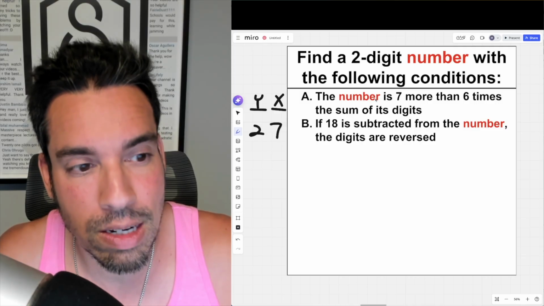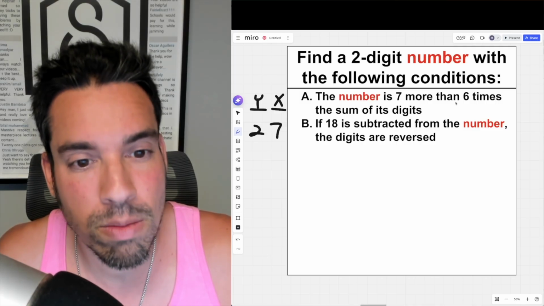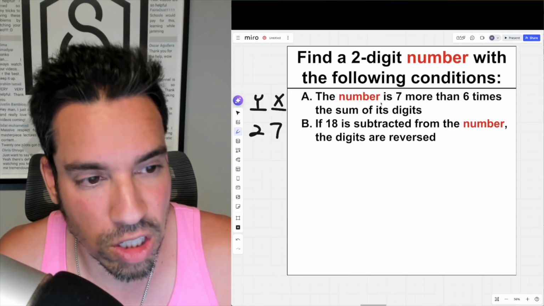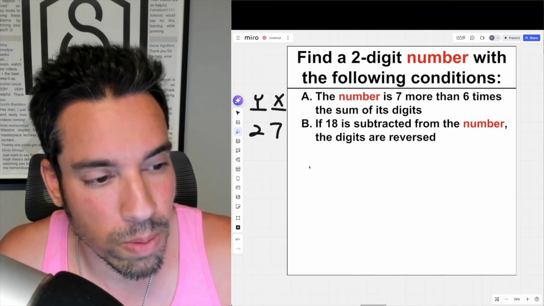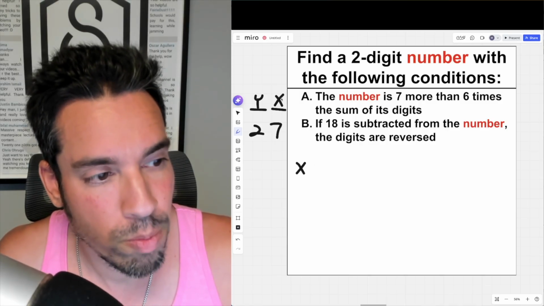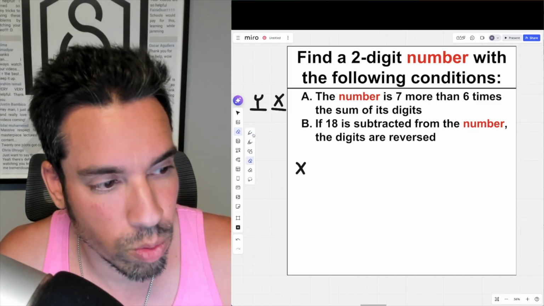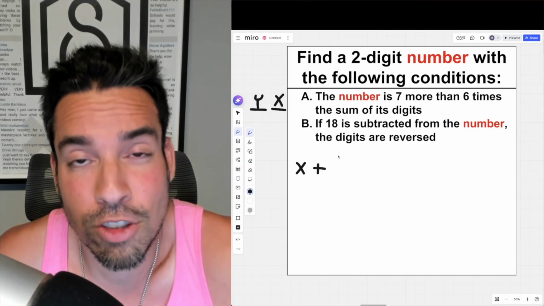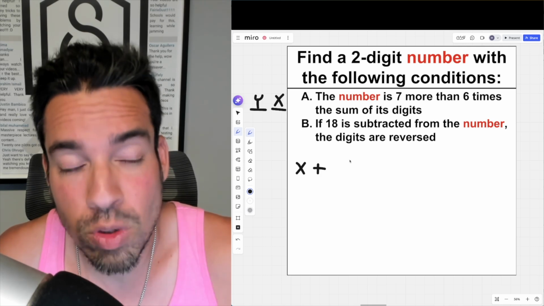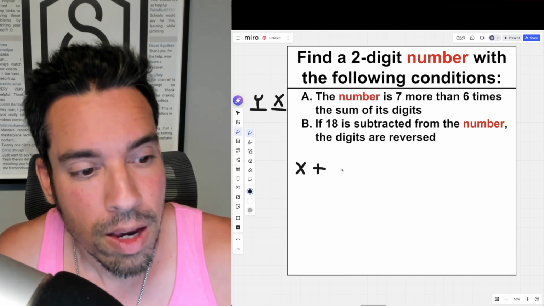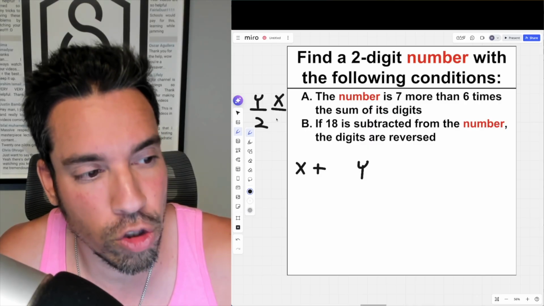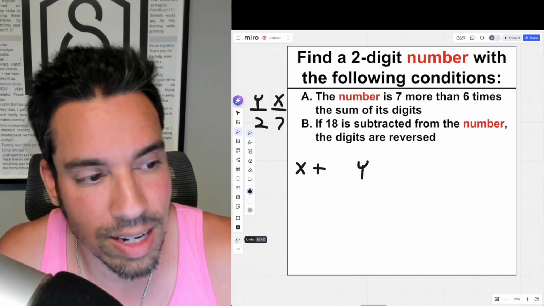First of all, it says the number is 7 more than 6 times the sum of the digits. So X and Y are going to represent those digits. How do I represent the number? Well, X is going to be the one spot. To generate the actual value of this two-digit number, I can't just say X plus Y, because in that example where it's 2 and 7, 2 plus 7 is 9, it's not 27.